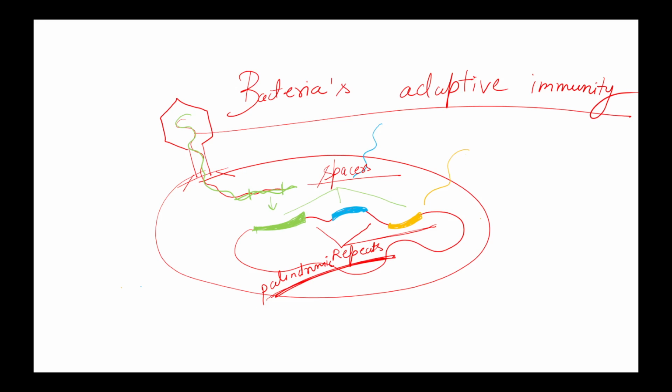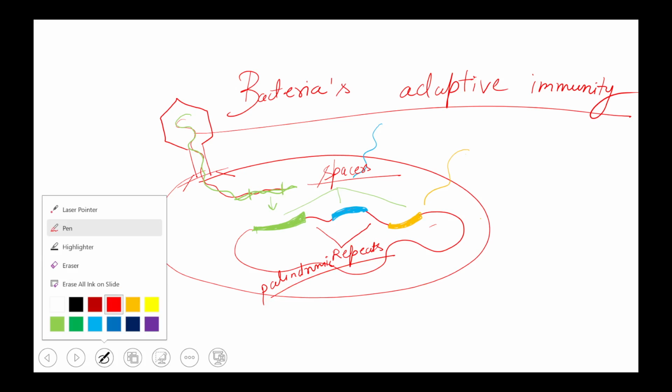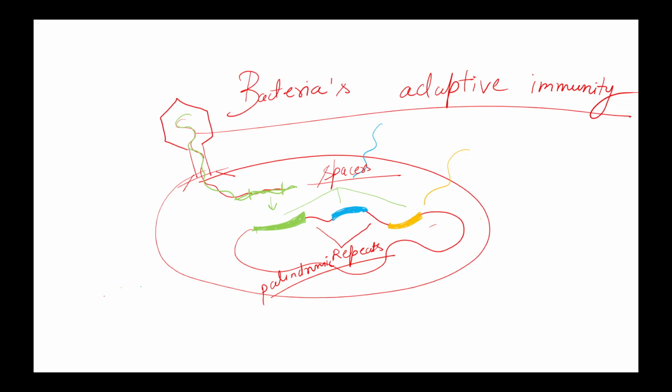Okay, so what happens when the virus attacks? Two proteins are synthesized inside the bacteria itself, referred to as Cas1 and Cas2. They excise a piece of the viral DNA, which gets integrated into the bacterial genome.